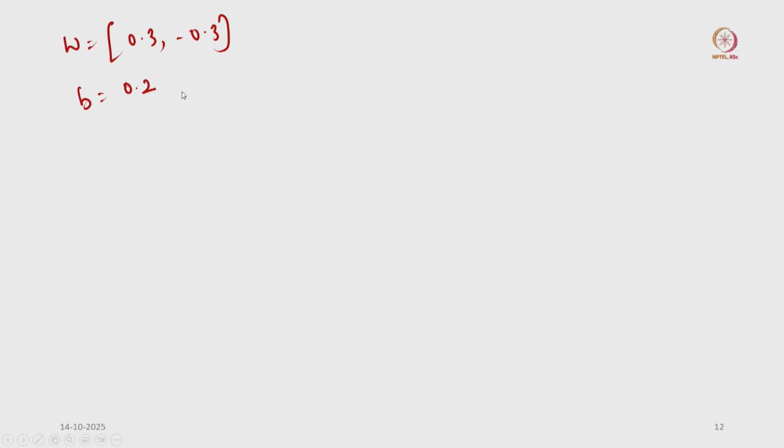For this, let us go back and solve the problem again. What are our inputs x1 and x2? From our previous work we have seen they are 1 and 2. Okay, so let us calculate again. The first step is calculating z. It is x1 w1 plus x2 w2 plus bias. What is x1?